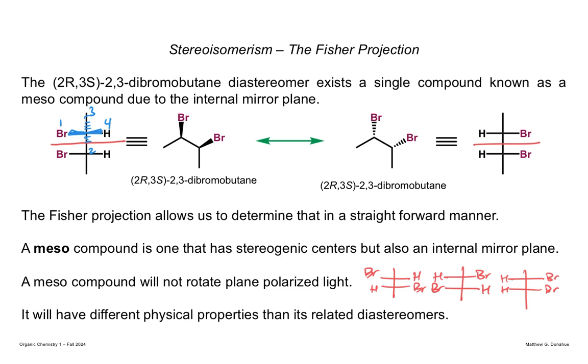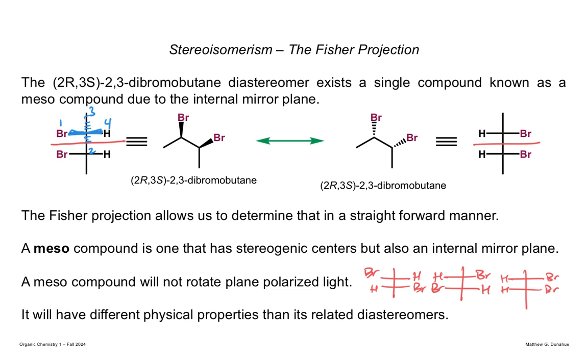So even though we determined 1, 2, and 3, what is that? Counterclockwise. That H is coming towards you, right? So if it's counterclockwise, you have to reverse it.